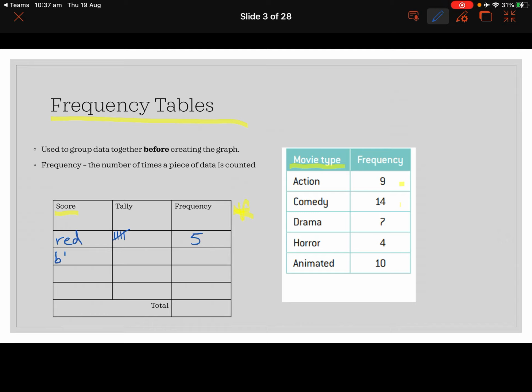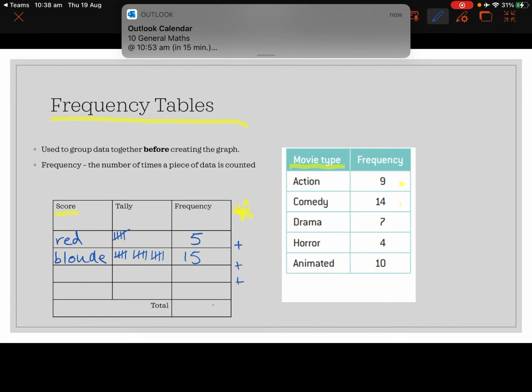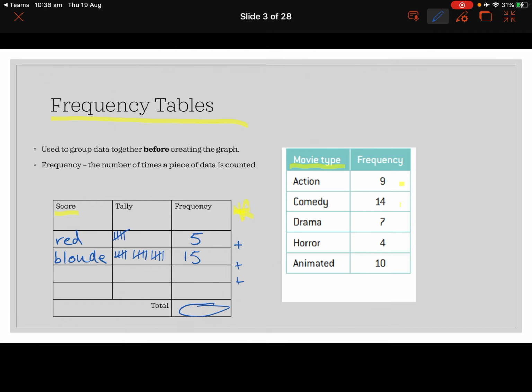Potentially blondes, there was 15. You might be going through all the data and saying, yep, another blonde, another blonde, another blonde, and we've got 15, and so on. At the bottom of the frequencies, you add up all of these numbers and then you put your total here. So that's also important.